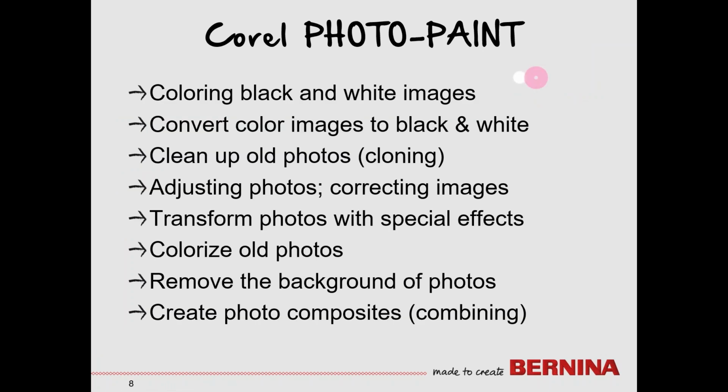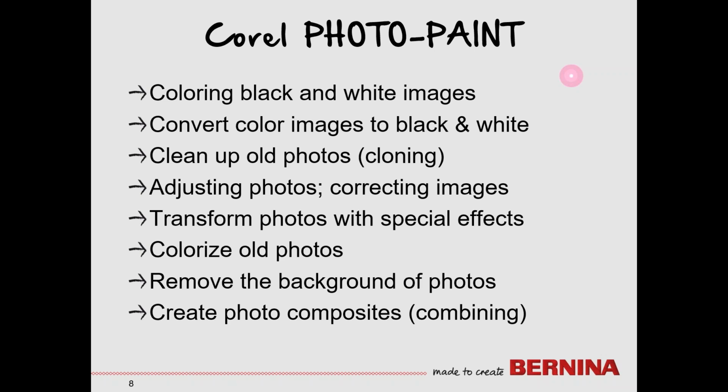Some of the different things that we're going to look at with Corel PHOTO-PAINT: again, it works with bitmaps, and you can convert a vector image to a bitmap and then adjust vector images in Corel PHOTO-PAINT as long as it's transferred into a bitmap.